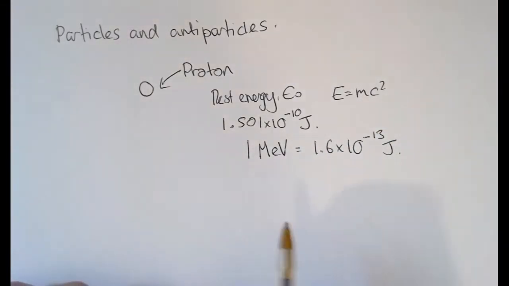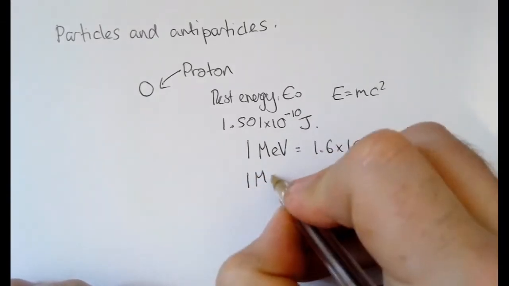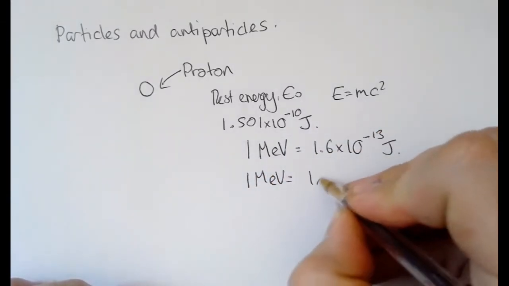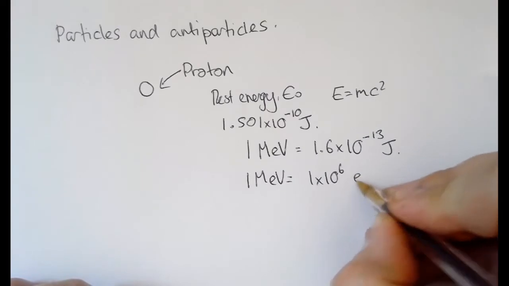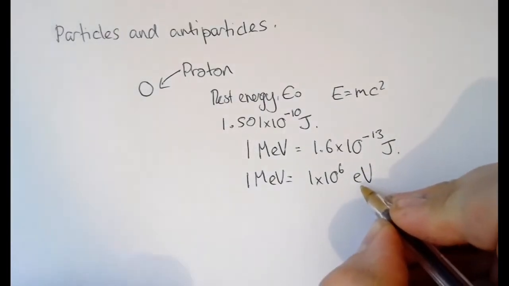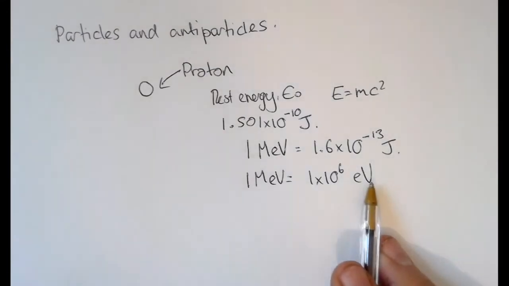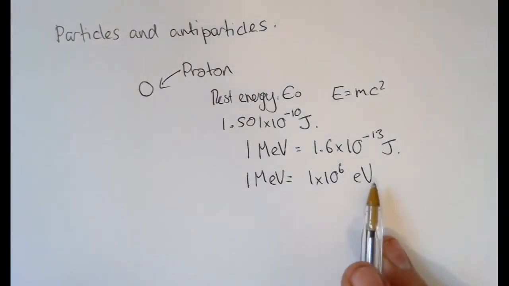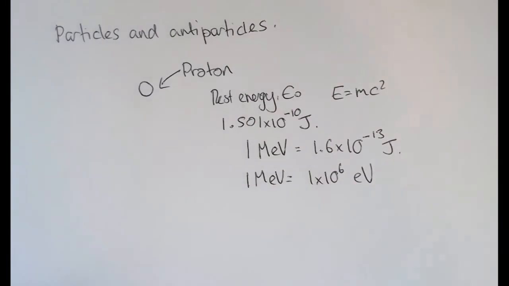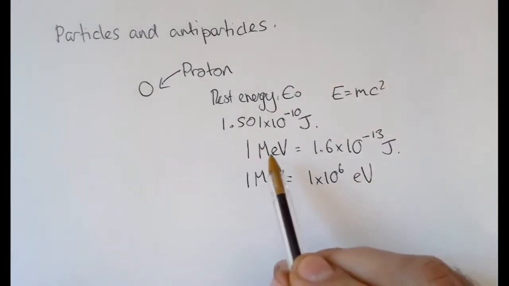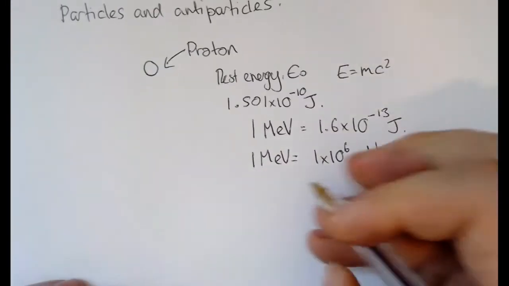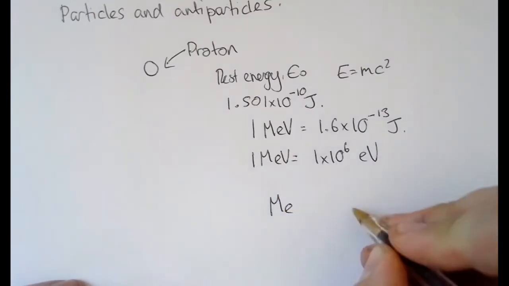And 1 mega electron volt is also equal to 1 million electron volts, which is defined as the amount of energy that an electron would gain if it were accelerated through a potential difference of 1 volt. If you want to change in between mega electron volts and joules, it's not too complicated.